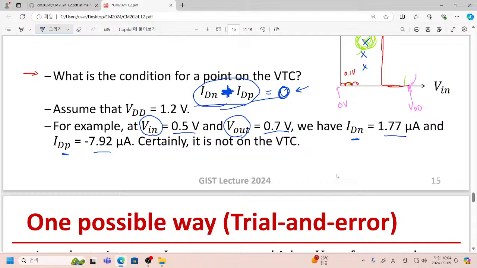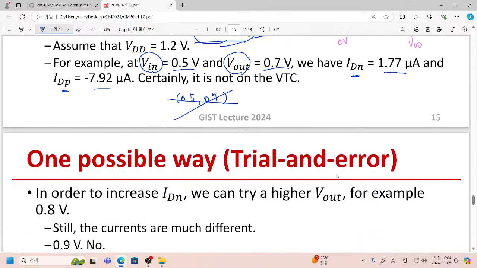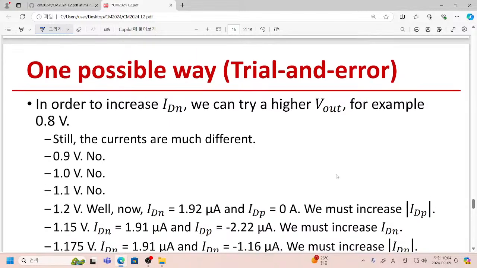So it simply means that the combination of 0.5 and 0.7 is not the solution of our equation shown here, and it is not on the voltage transfer curve. So please try to do this job.